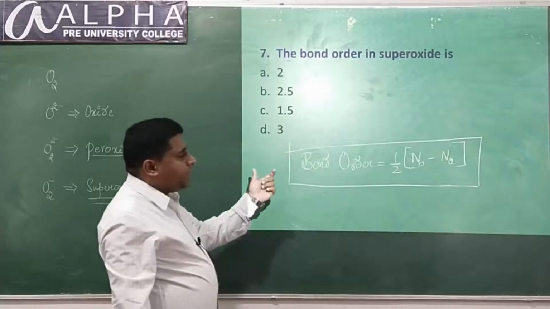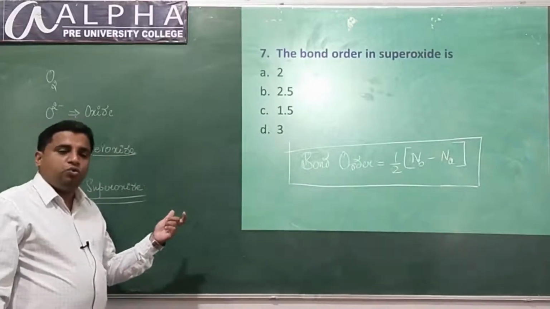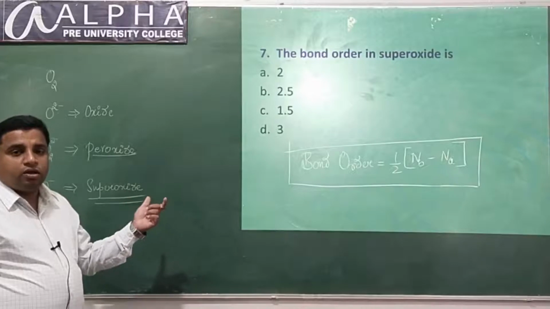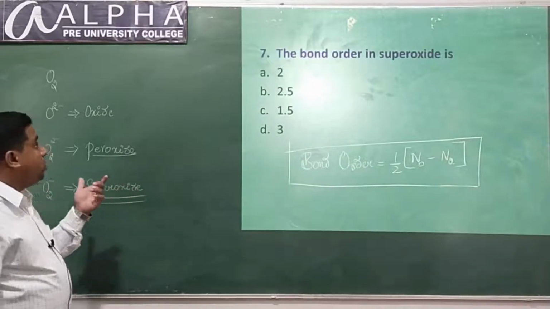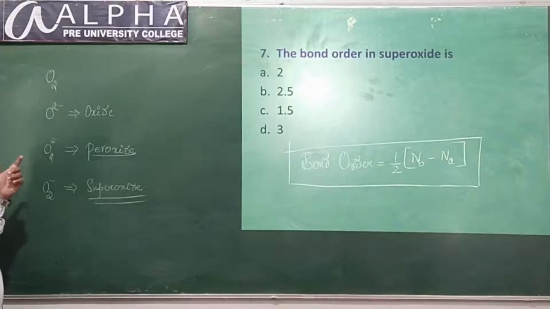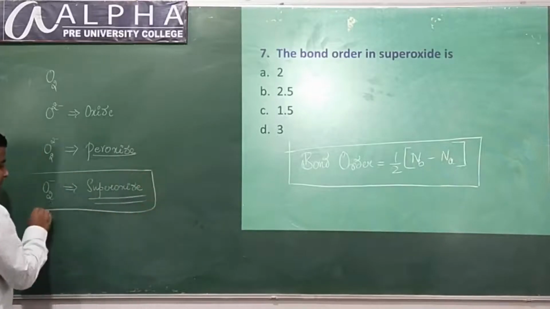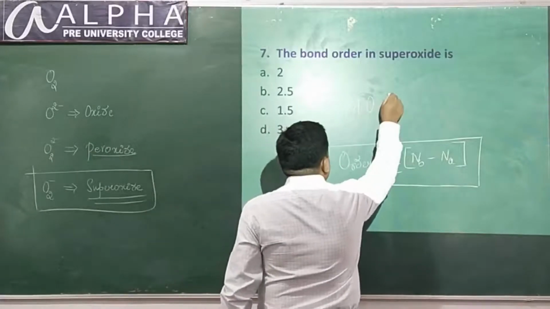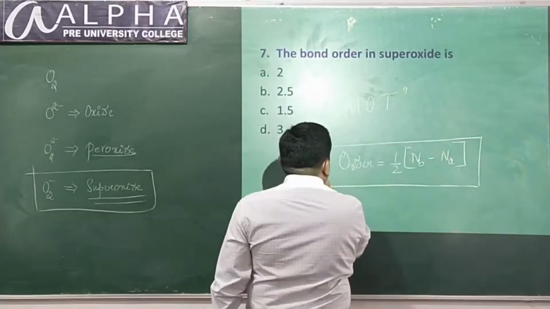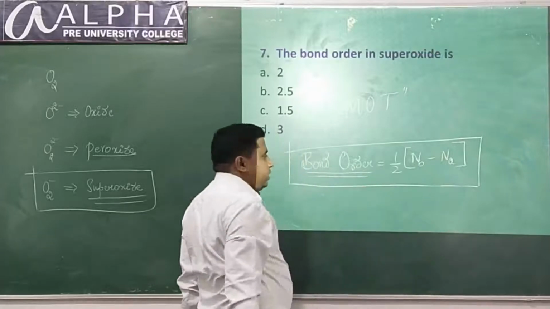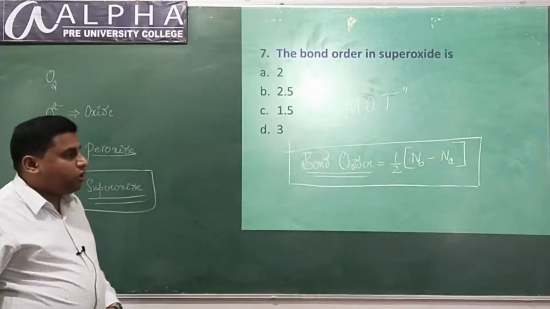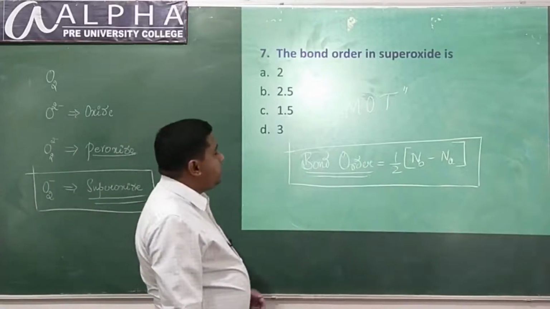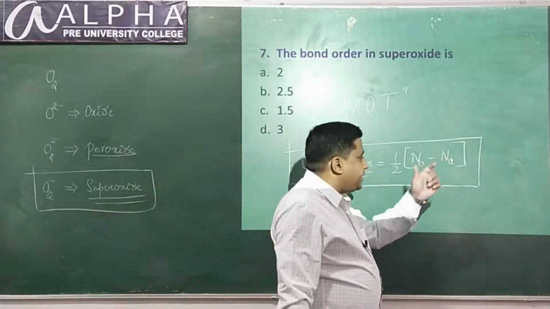We can calculate this bond order only if you know how to write the molecular orbital diagrams of oxygen, O2 2 minus and O2 minus, that is for oxide, peroxide and superoxide. We will write only for superoxide. We have to use molecular orbital theory in order to calculate the bond order, and the formula is half of Nb minus Na.